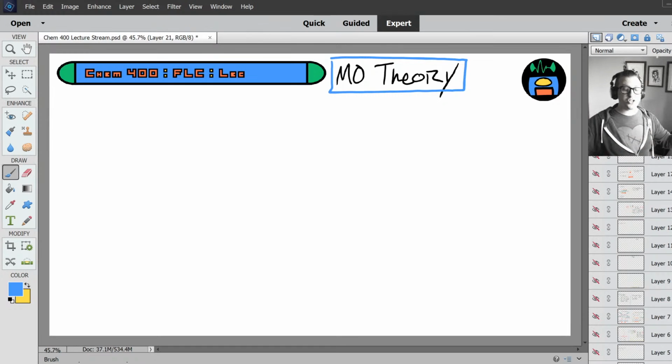The applications are far wider than what we'll get to in this introductory course, but if this interests you, take advanced upper division organic chemistry or inorganic chemistry, and you'll see this theory's ability to explain the phenomena we see bloom. All right, that's all sales pitch. Let's start talking about what molecular orbital theory actually is.